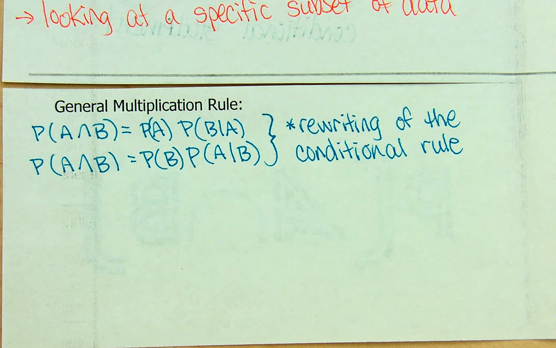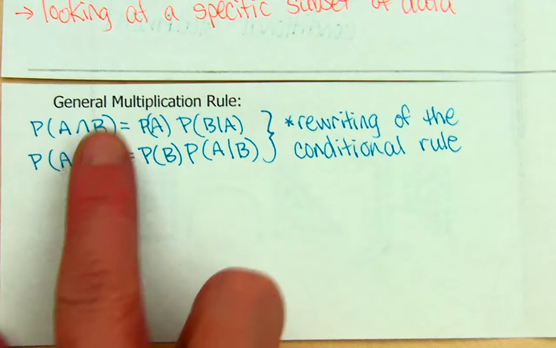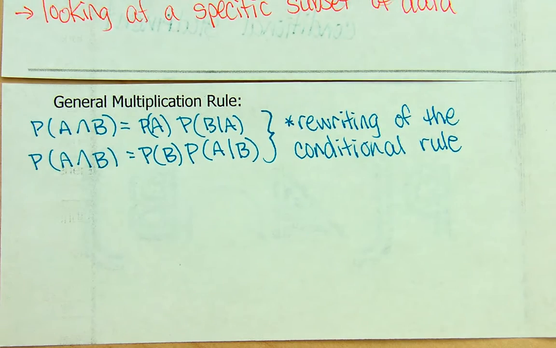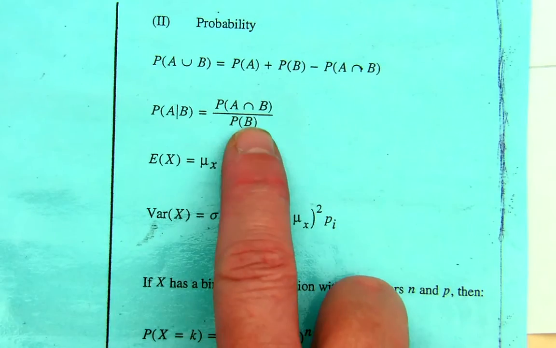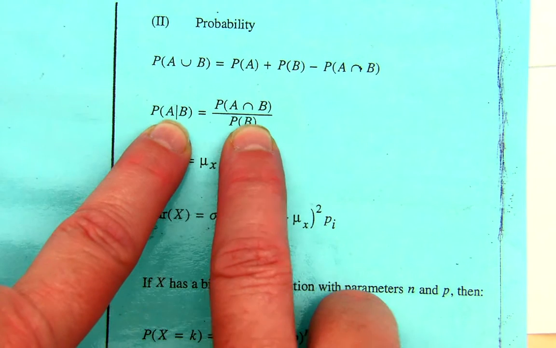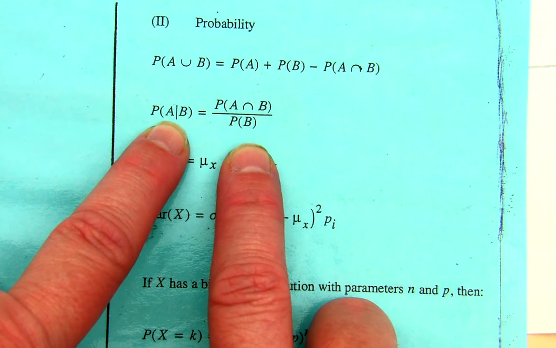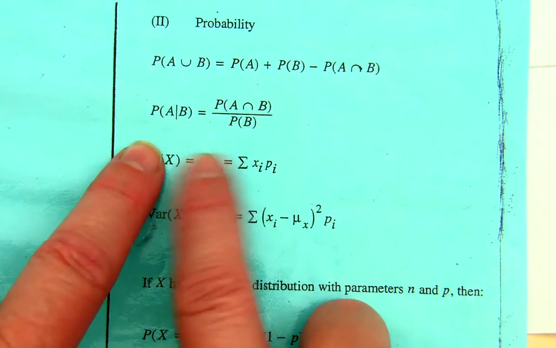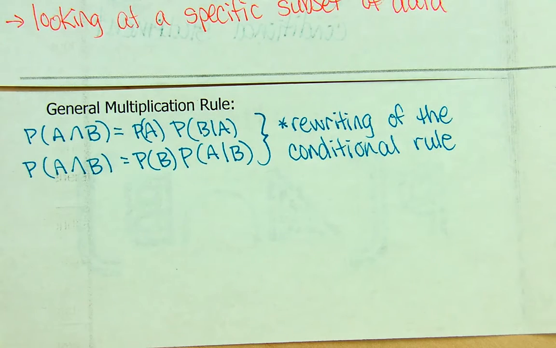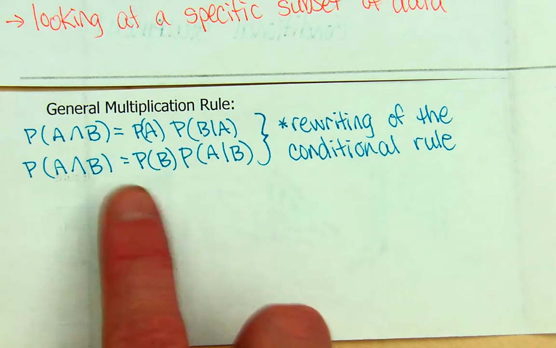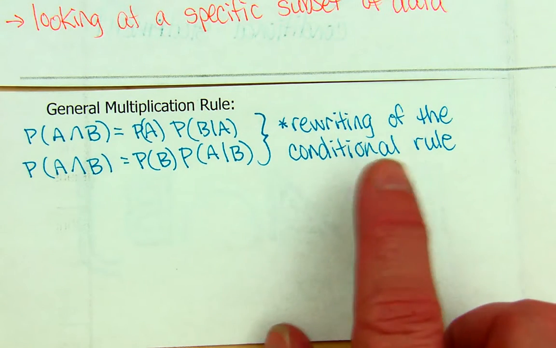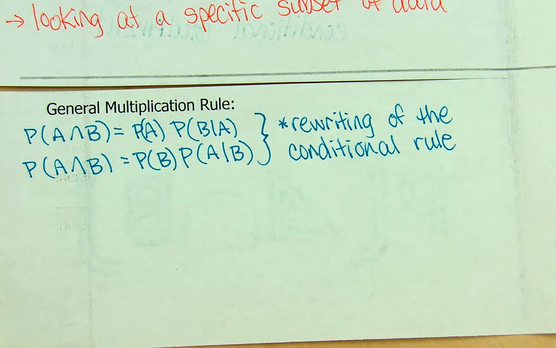So on your formula sheet, neither of these are given to you. They expect you to use this conditional rule and just plug in the two that you know and solve for the one that's missing. Okay? So they just expect you to do that algebra step to solve for that numerator. So that's why I like to show it to you as the conditional rule being used, because that's how you have to look at it on the formula sheet.